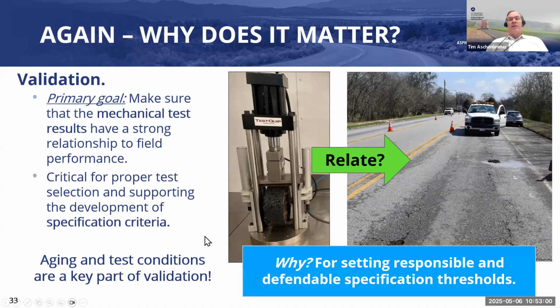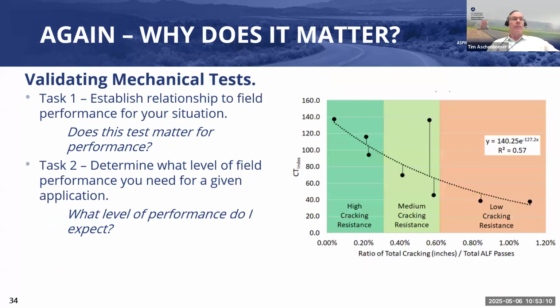So really, to set responsible and defendable specification thresholds, we need to consider aging and test temperature as part of that process. So for validation, as an example, we have a couple of tasks. That first task relates to the test relating to the type of distress. Does the test matter for performance?